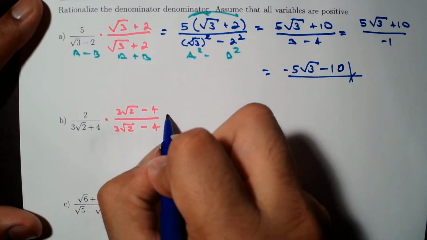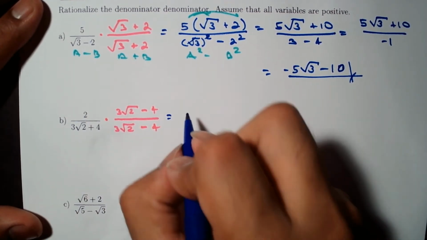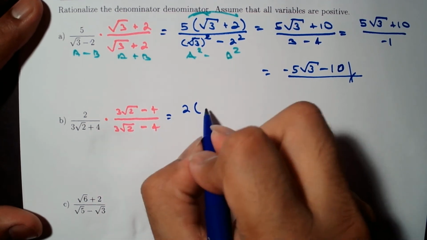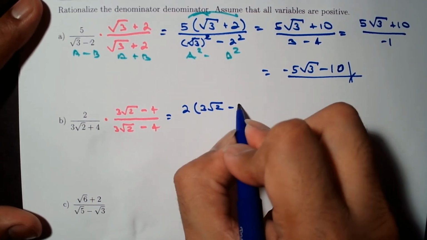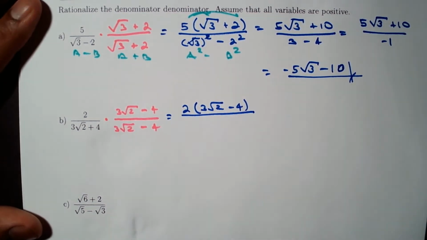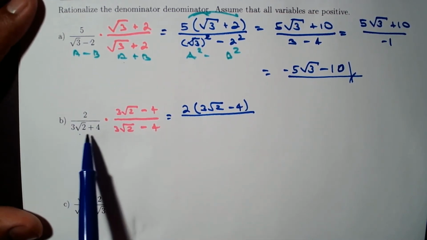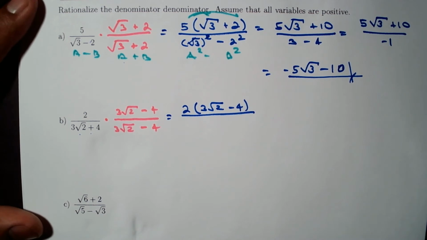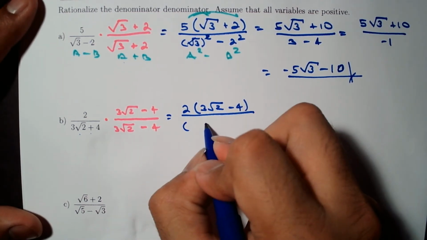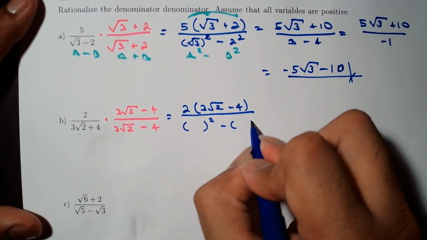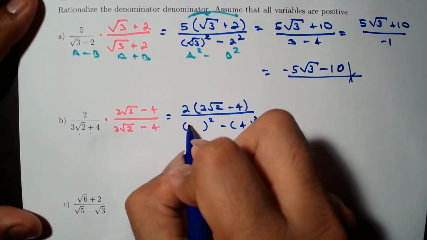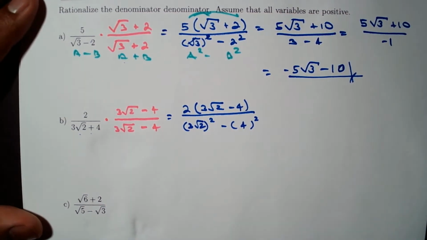First of all, multiply across the numerator: 2 times 3 root of 2 minus 4. And in the denominator, just take advantage of a minus b, a plus b, or a plus b, a minus b. Either way, it's the same. So quantity squared minus quantity squared, 3 root of 2 in the first case.